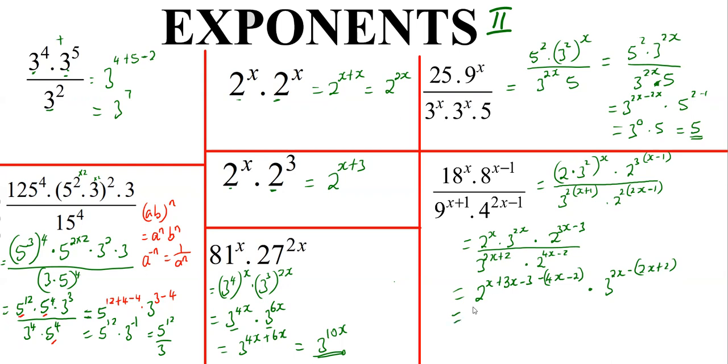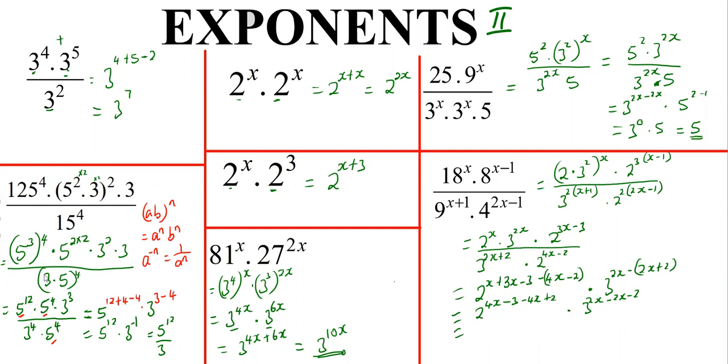So what's going to happen now is going to be 2x plus 3, which is going to be 4x minus 3, then here minus 4x, then also plus 2, because we are having minus times minus, going to give us positive. Then here 3 to the power of 2x minus 2x, sorry, here, it's minus 2, because the minus goes there and becomes minus.